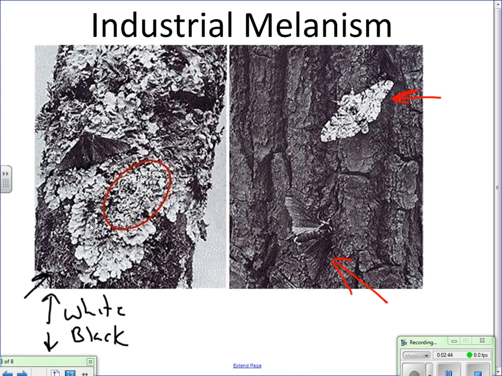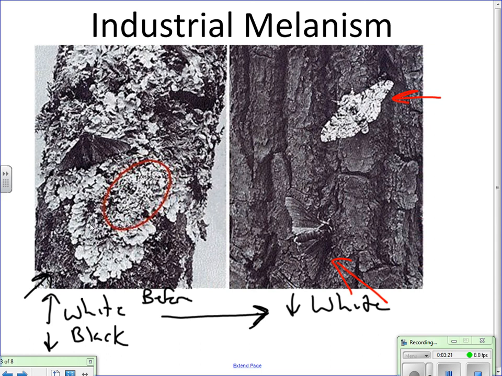When the Industrial Revolution came in and all the soot that was pumped out of the factories began to turn the trees black, something dramatic happened, and this is an example of some evolution that has occurred in a very short amount of time, because the moths began to change in amount. So where the white moths before were common, we now see a decrease in the white moths because, as you can see, if you're a white moth on a black tree, you're more easily picked off by birds.